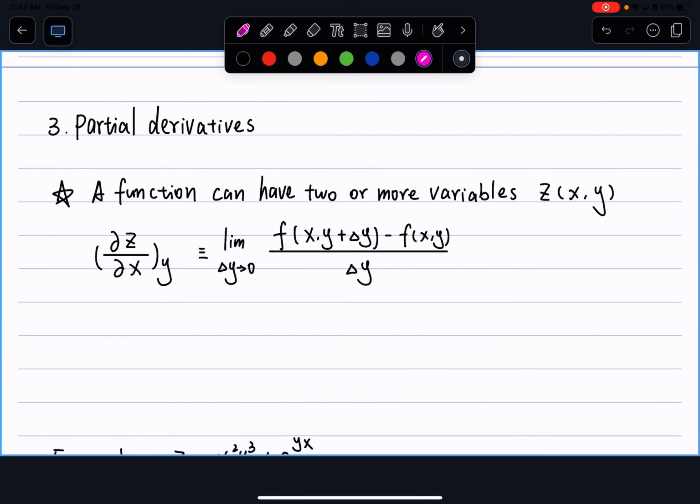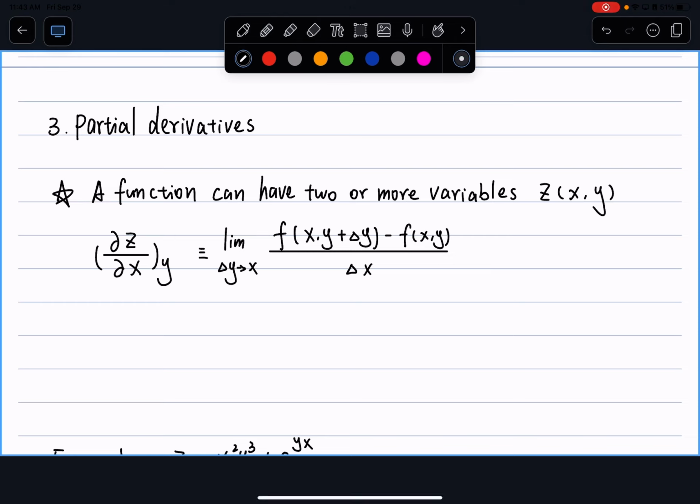And one of the things we will be using a lot is partial derivatives. In thermodynamics, normally we're dealing with multiple variables contributing to something observable. So a function can have 2 or more variables, and obviously I have a typo here. Sorry.